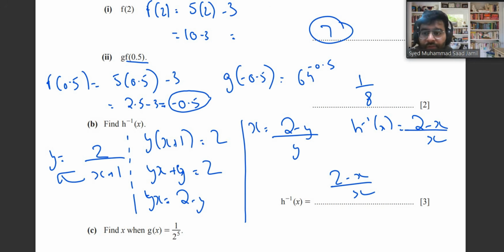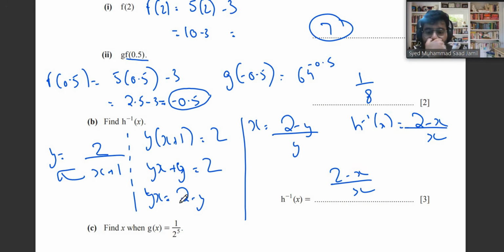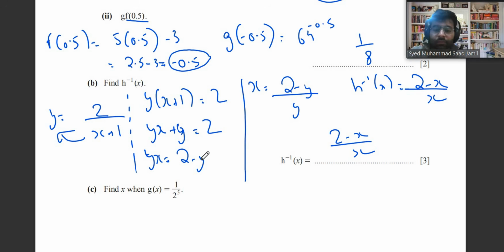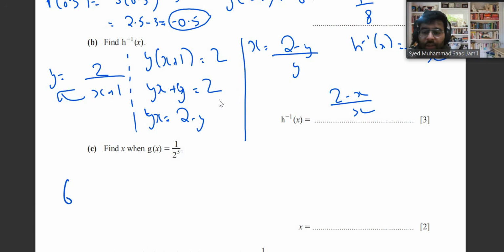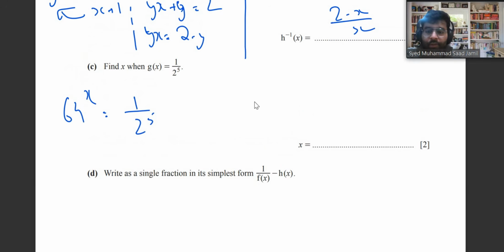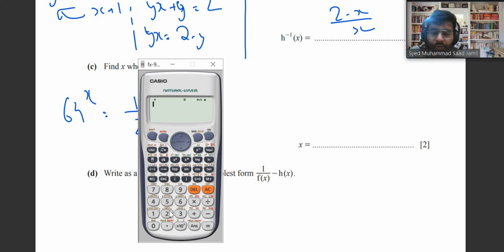This is your answer. Next question says find x when g of x is 1 upon 32. So g of x is 64 raised to power x. The question is saying that 64 raised to power x is equal to 1 upon 2 raised to power 5. Instead of 64 I can write, wait a minute, 2 raised to power 5 is what? 32.